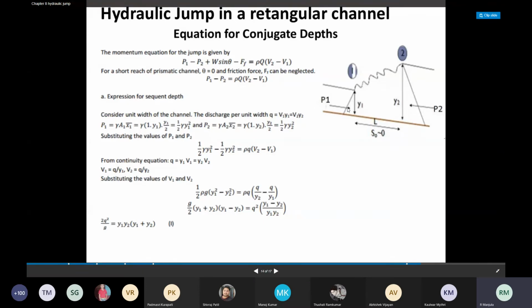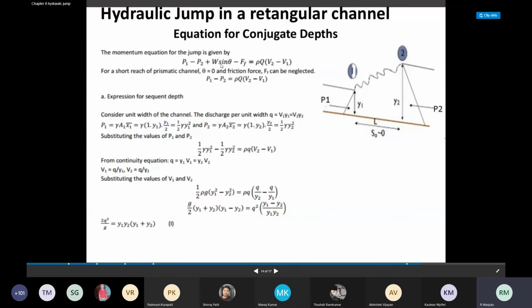P1 is the hydrostatic pressure on section 1, P2 is the hydrostatic pressure after the jump, and Y1 and Y2 are the alternate depths. Considering the slope is small, and L is the length between Y1 and Y2.